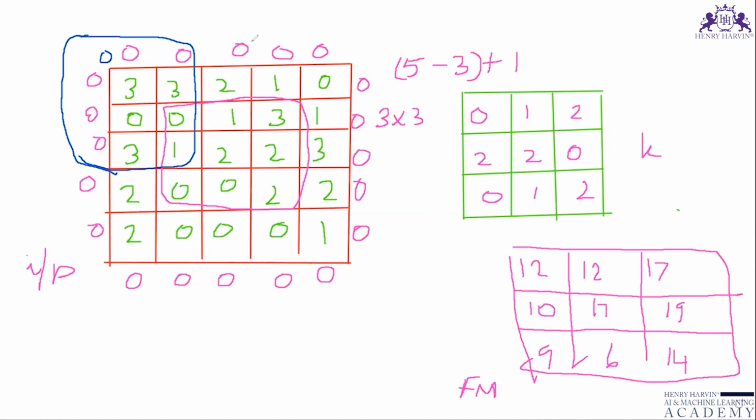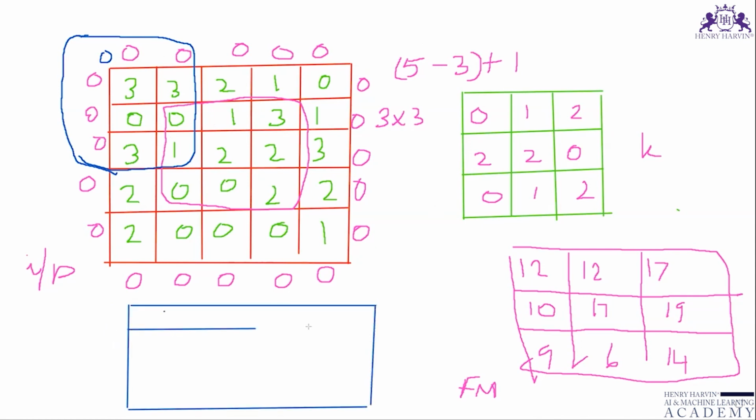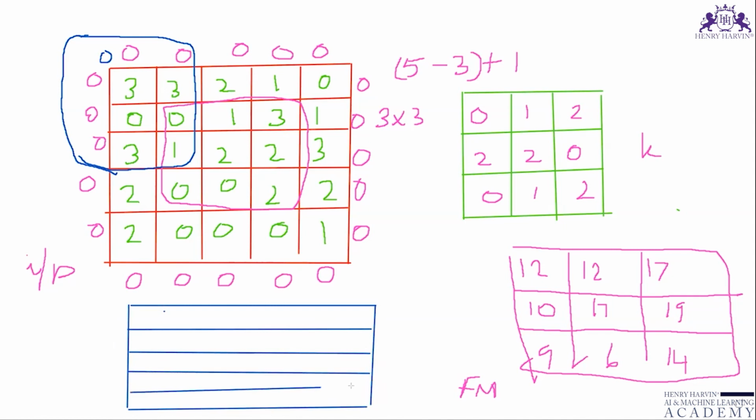So what output will I be getting now? This is going to be really interesting. I do not have enough space, that's why I'm writing like this. So what did we get actually? We got it as 6.